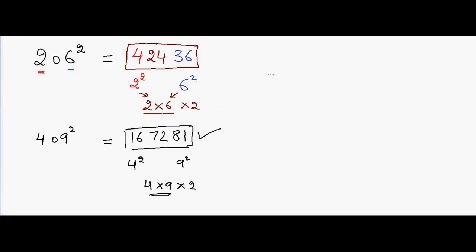Now if we have something bigger, I will give you an example of a carryover. Suppose I have 825 and I want to do a square of this number. This will be a little different, but the approach will be the same. So 8 square is 64, and then 25 square is 625, right? So we'll write 25, and then we have to write a 6 here, because we can only use the two digits in the end.